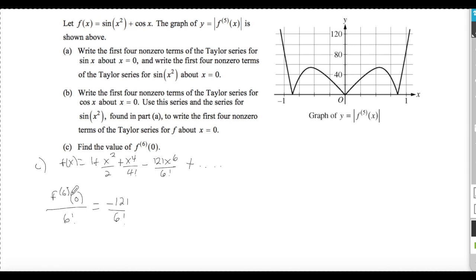The 6th derivative of f at 0 divided by 6 factorial gives me the numbers I see, including that negative sign, because typically we think of the Taylor series as naturally positive. Now, solving for this, multiply both sides by 6 factorial, I can pretty quickly see that the 6th derivative of f at 0 is negative 121. And there's my answer here. The 6th derivative of f at 0 is negative 121.